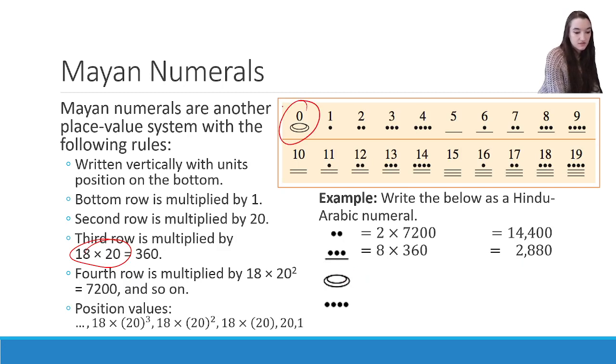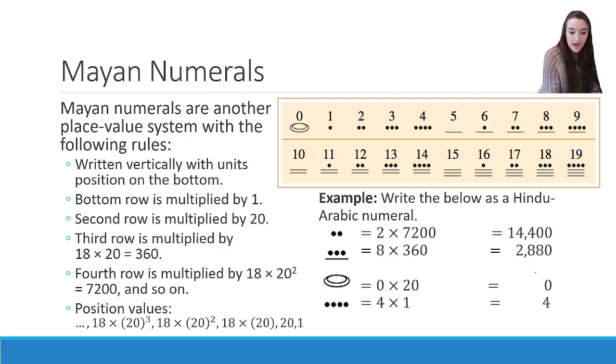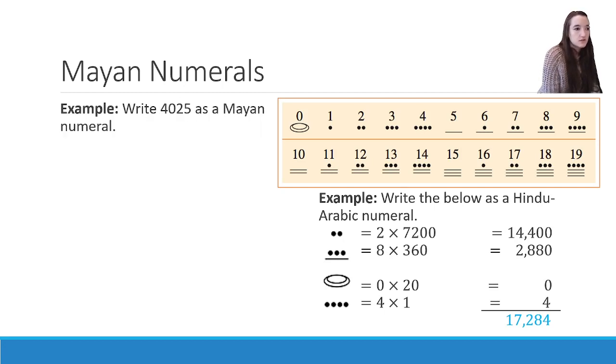Next, it's going to be 0 times the 20s position, so 0 20s is 0. And then finally, it'll be 4 times 1 is 4. And to finish it out, we add all of these pieces up to get 17,284 in Hindu-Arabic. So, again, as long as you remember what the positional values are, it's going to be that repeated process, right?